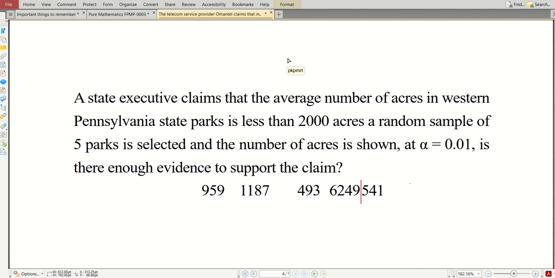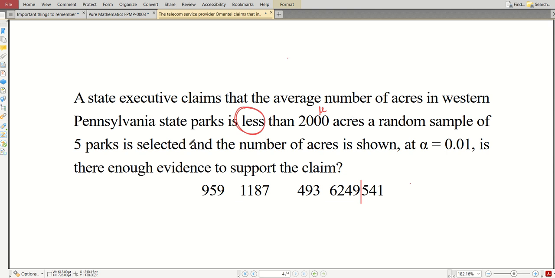Now in the last problem, a state executive claims that the average number of acres in western Pennsylvania state parks is less than the value of mu. This is the value of mu, because they are talking about the general Pennsylvania state.